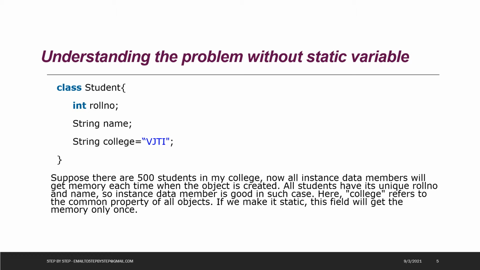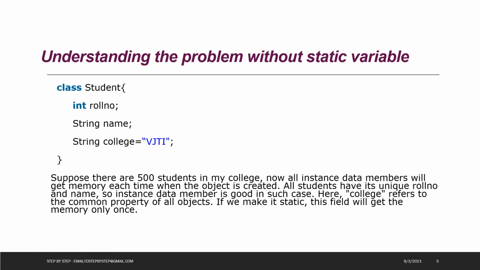All the other fields like roll number, student name, date of birth and email ID are going to be unique for each student. That means those are going to be different for 500 students, so we definitely need to store those separately for each student.